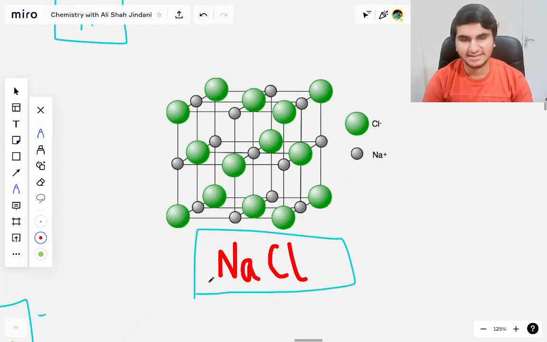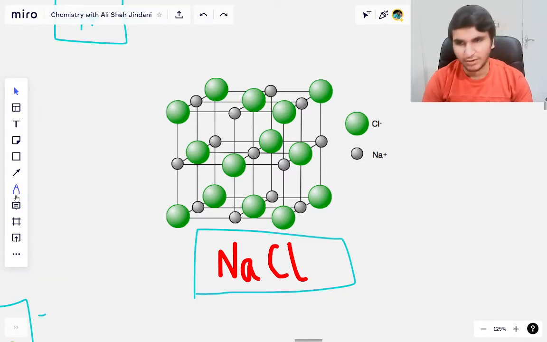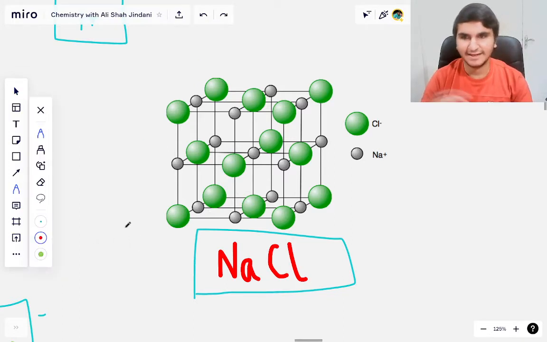So this is NaCl, sodium chloride, and this is called a lattice. This is called an ionic salt. Whatever is formed after the ionic bonding, we call it a salt. Now you might be thinking, we have salt in our homes, so what about that?